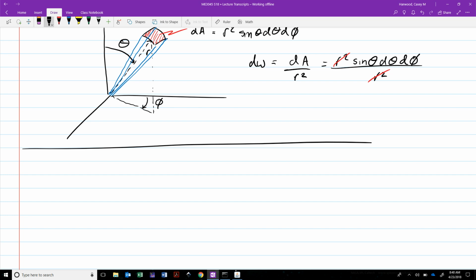So I want to define this thing that's called the spectral radiation intensity.